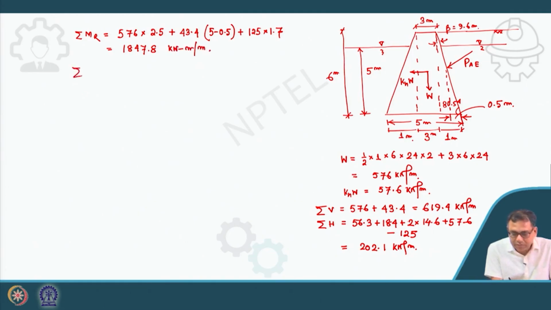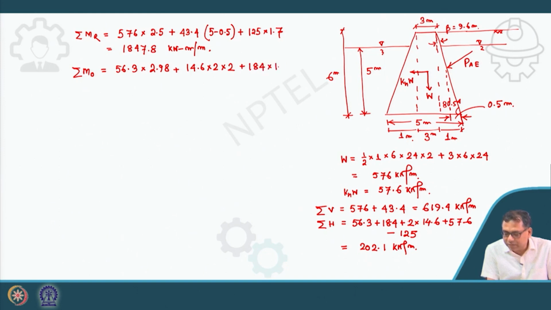Now the overturning moment will be 56.3 into 2.98, that is the H bar, plus 14.6 into 2, and 2 forces are acting, that is why 2, plus 184 hydrostatic force into 1.7.